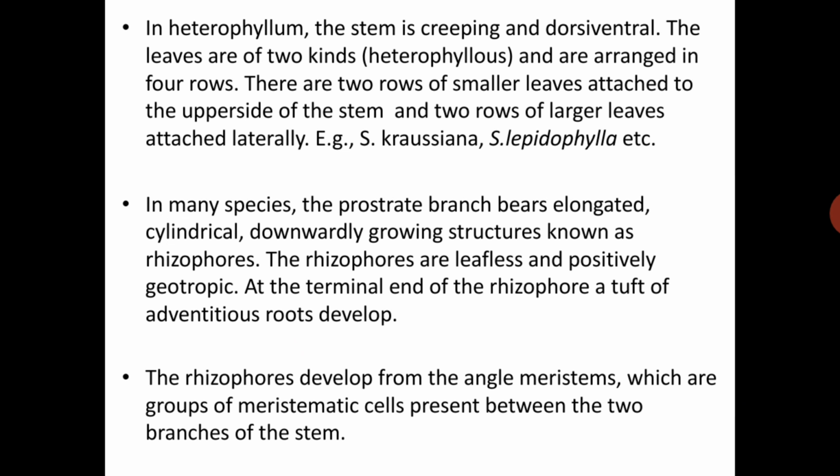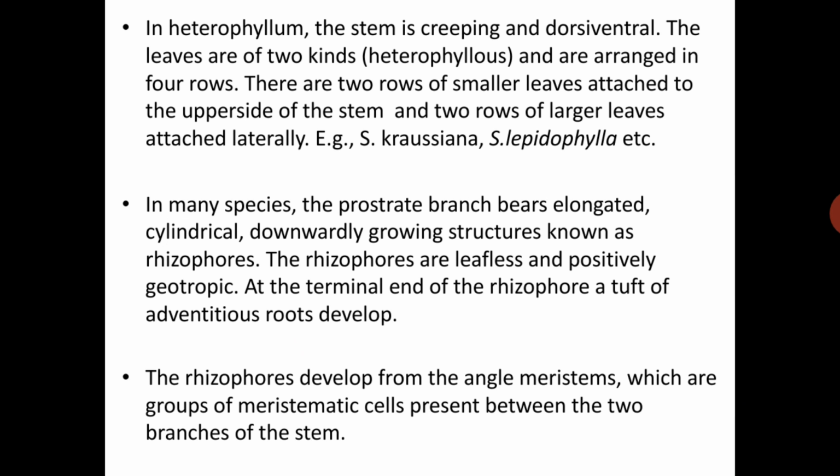At the terminal end of the rhizophore, a tuft of adventitious roots is present. I already showed this in a diagram: there you find a hanging structure going downward. That's the positively geotropic rhizophore, and at the end of the rhizophore you find adventitious roots.